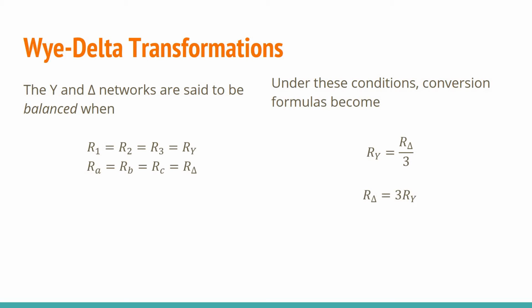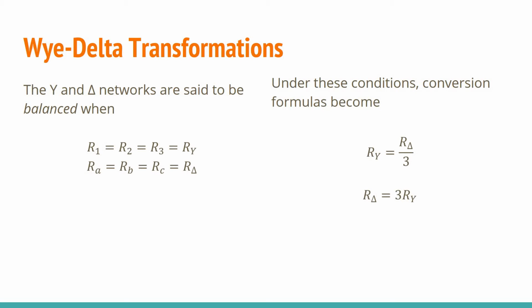The Y and delta networks are said to be balanced when, okay, so balance ang isa ka network, for example, sa Y, kung R1 is just equal to R2 and is just equal to R3, equal to RY, so same ang resistances. Same ra pod sa delta, matawag siya nga balance kung same ang iyahang mga resistances.